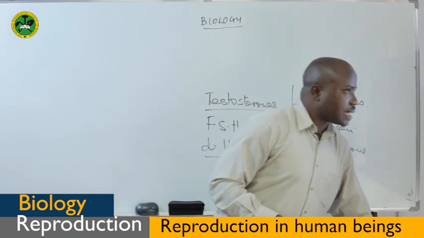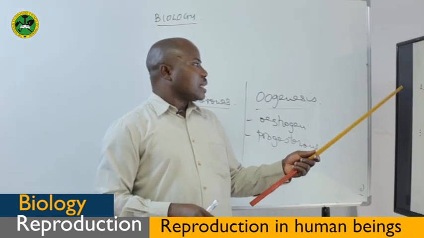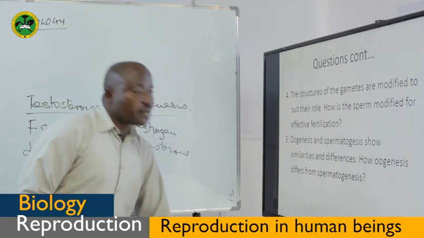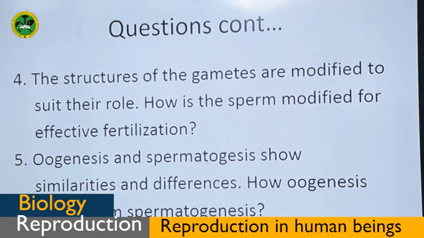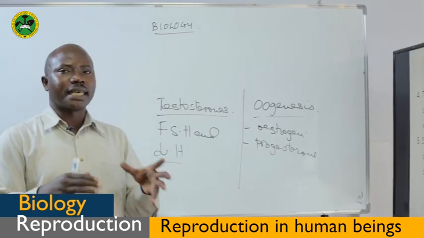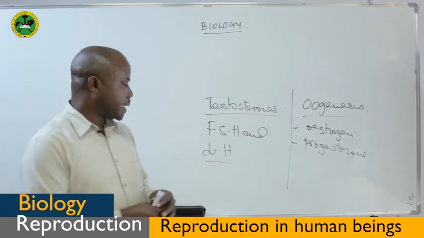These two questions ask: the structures of the gametes are modified to suit their role. How is the sperm modified for effective fertilization? Now, in the beginning, I presented to you the concept of gametogenesis, and in particular spermatogenesis, and I showed you the important features the spermatozoa will have if the process has successfully taken place.